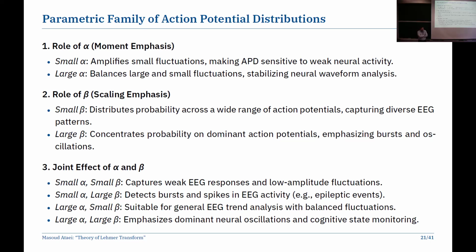For large alpha and small beta, it is suitable for general EEG trend analysis with balanced fluctuations. And finally, for large alpha and large beta, it emphasizes dominant neural oscillations, which could be very useful for cognitive state monitoring. Now, we get to the application part and see how these are really used.